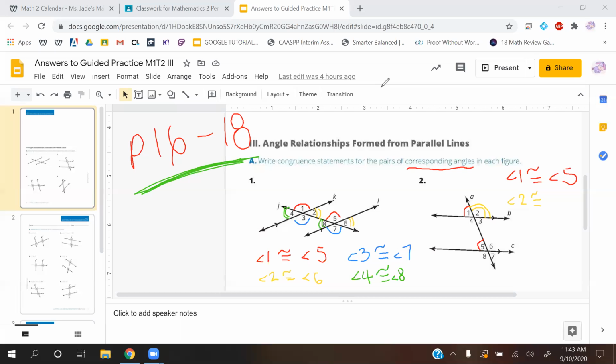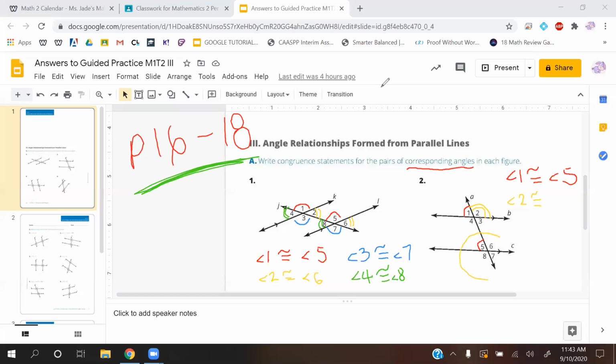You have to unmute yourself, by the way. Ask that again. Which one is corresponding to angle 2? I don't know. So the corresponding angle has got to be in the same spot. So 1 and 5 are both in the top left of their angle sets.